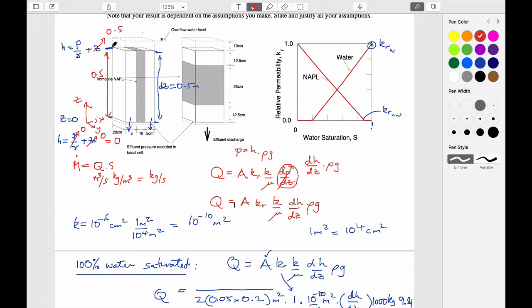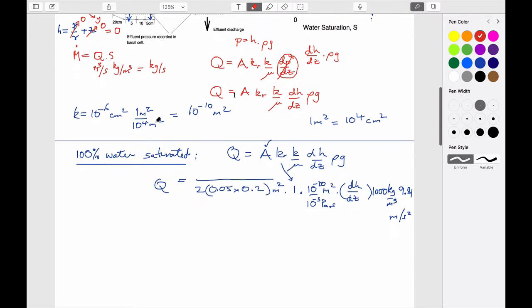But the flow is occurring from this point, and clearly the pressure isn't equal to 0. It's equal to some amount due to the fluid on top of us. And the fluid on top of us is 0.1 of a meter, so this complete term here would be 0.1. And so if we want to be able to get the change in head, dH, goes from 0.6 to 0, so it changes by 0.6, but it does it over a length of 0.5.